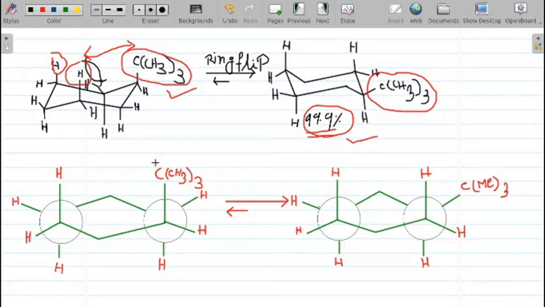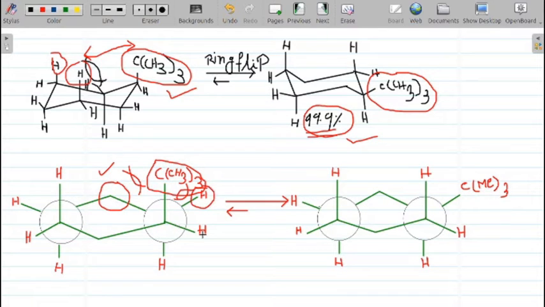And in this case also, if we consider the torsional strain of this conformer, there will be a clash between this CH2 group and this tert butyl group, and the Gauss interaction is present between this CH2 group and the tert butyl group, and this tert butyl group and this hydrogen atom.